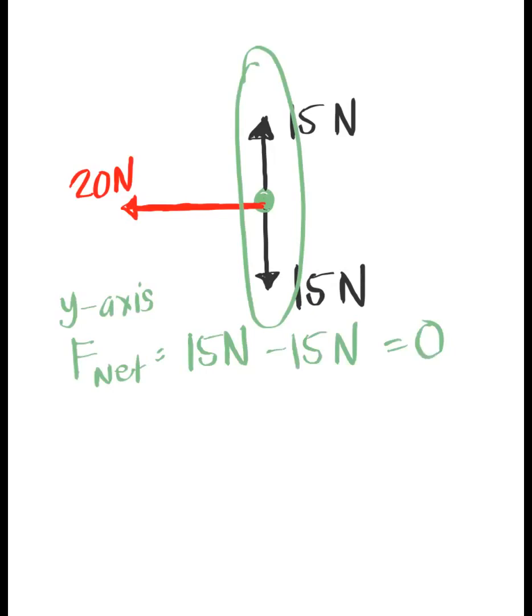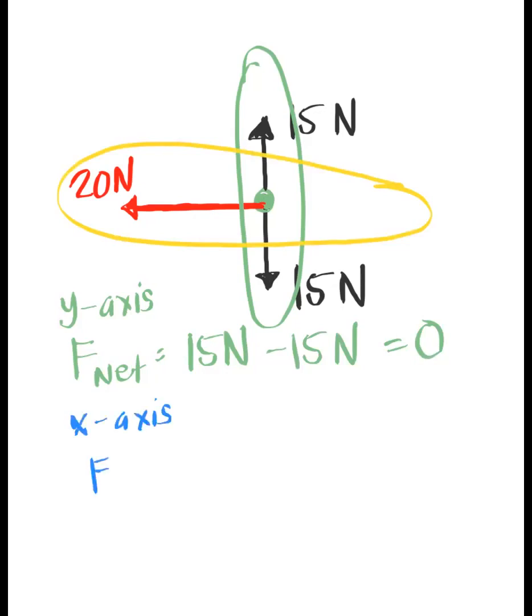So now our remaining concern will be along the x-axis. So we're going to take a look at that one. Along the x-axis, we're going to find our net force. Net force is going to be equal to, how many forces are we looking at? We only have one. So all you need to do is put your 20 newtons.